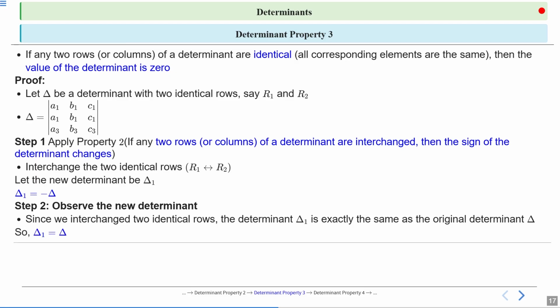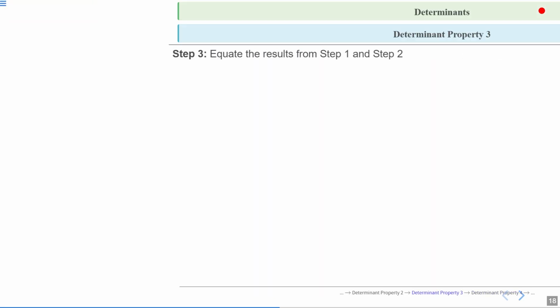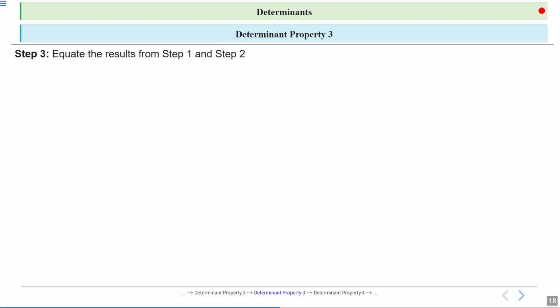Now we have 2 equations. Using property 2, delta 1 is equal to minus delta. And when we observe the determinant, we have delta 1 is equal to exactly the same delta. So from these 2 equations, we get delta is equal to minus delta, that is 2 delta equal to 0.